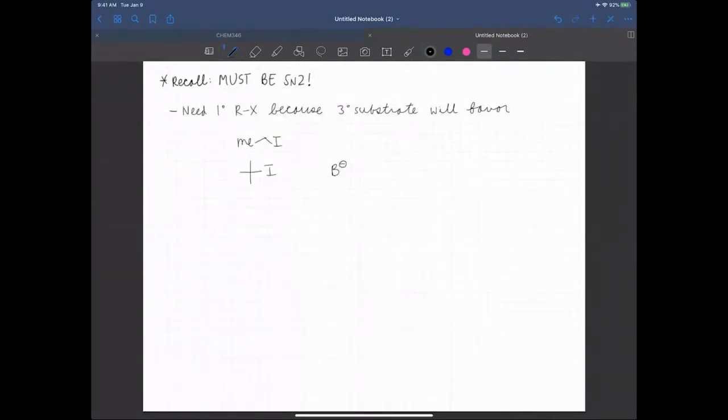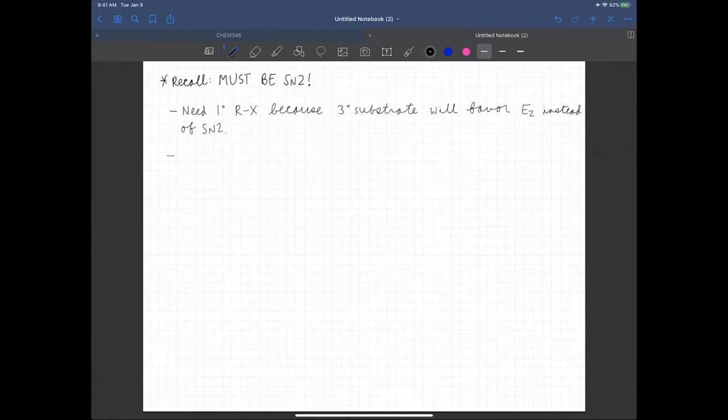What would happen here? Are you sure? No, it's not going to attack, but rather it's going to give an E2 reaction mechanism. So tertiary substrates favor E2 instead of SN2, and your reaction will fail.